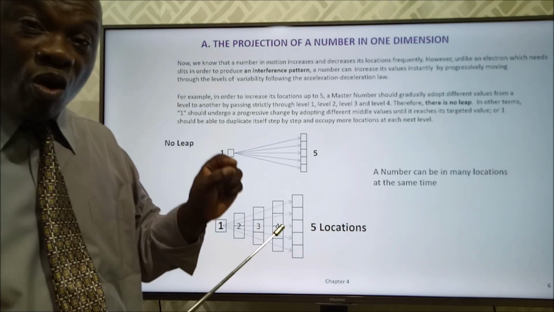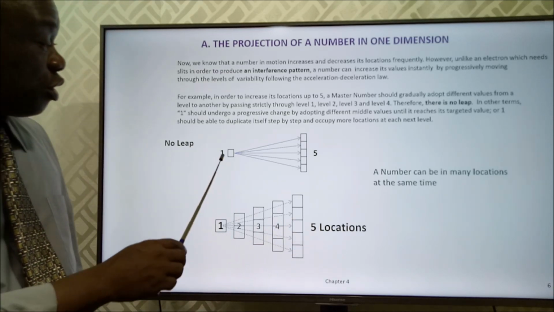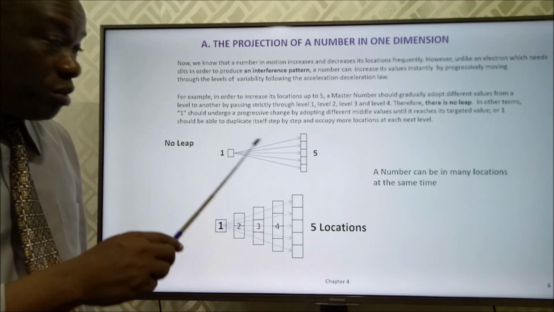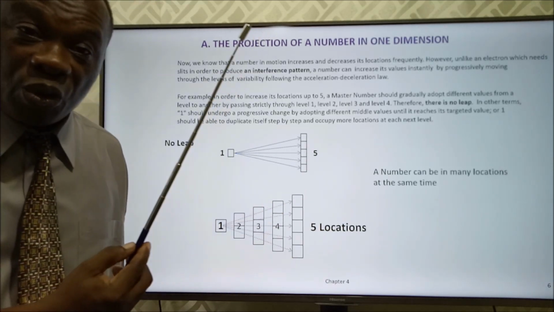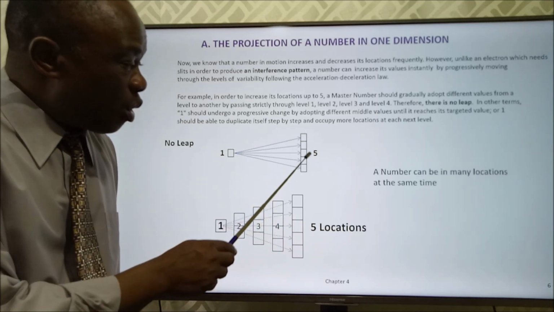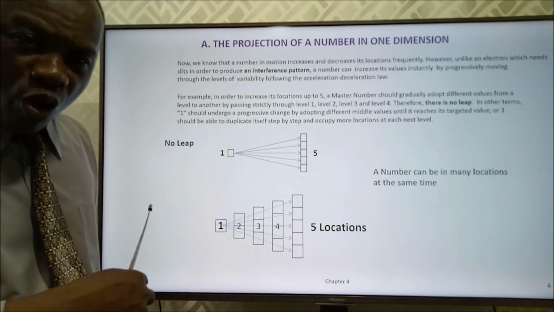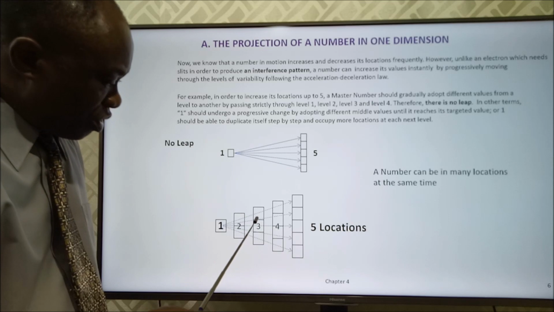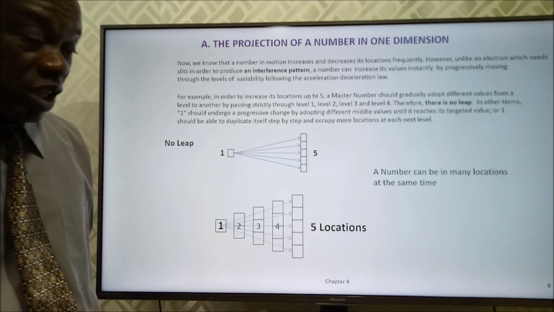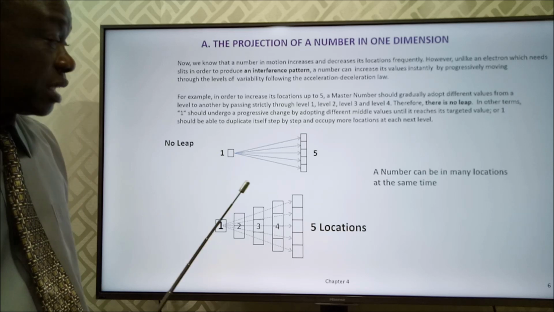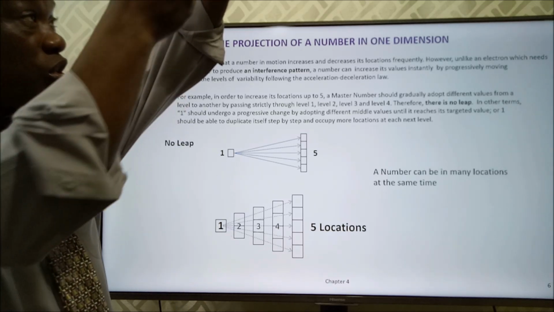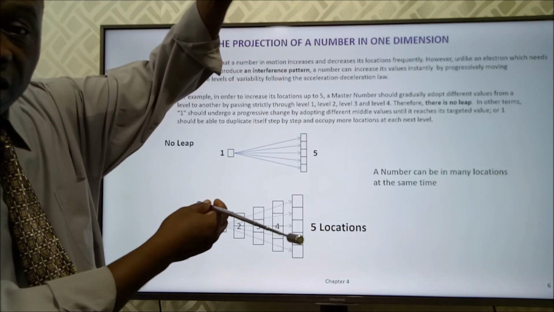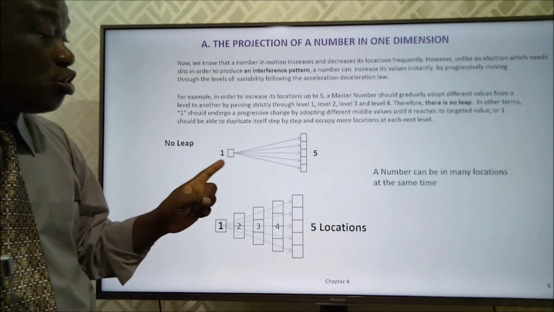Here the law of numbers is that in order for this number to increase its value or increase its number of locations, it must pass through the whole way. Starting with 1, it has to pass through 2, 3, 4, and 5. That's what we saw for the bricks. We saw that the brick here needs 2 bricks, then 3 bricks, 4 bricks, and 5 bricks in order to reach it. So you cannot jump.